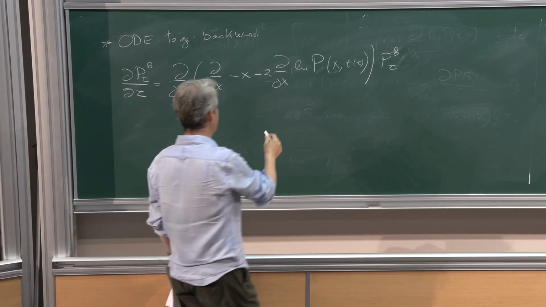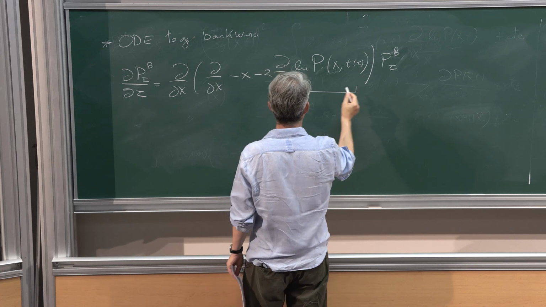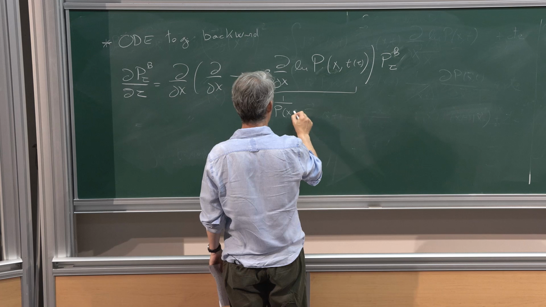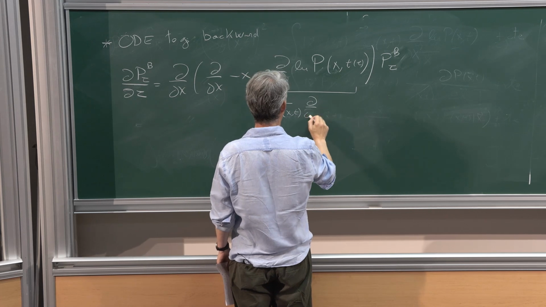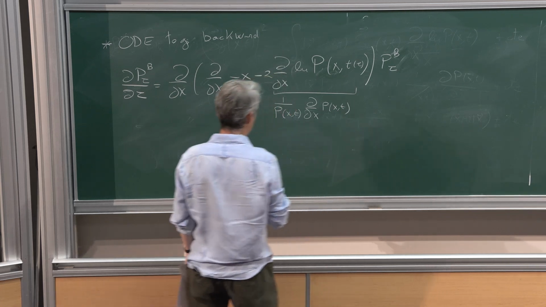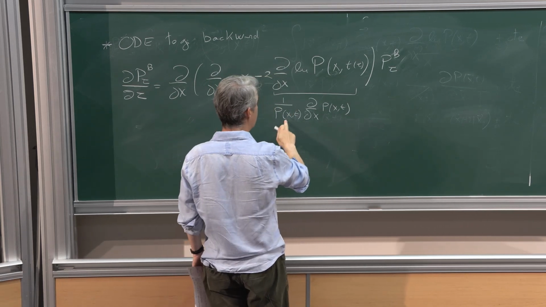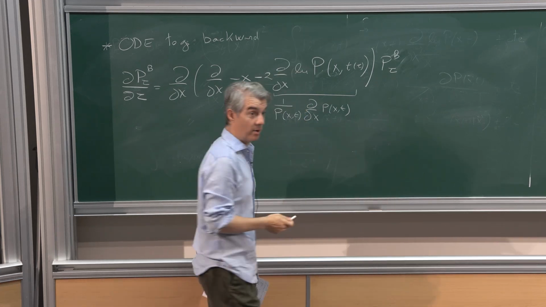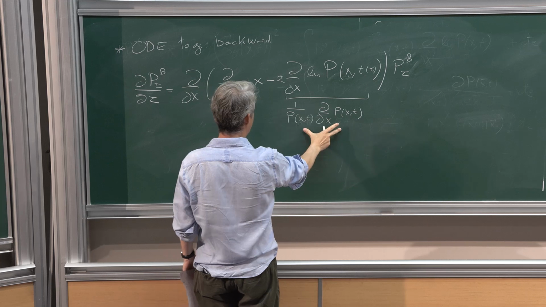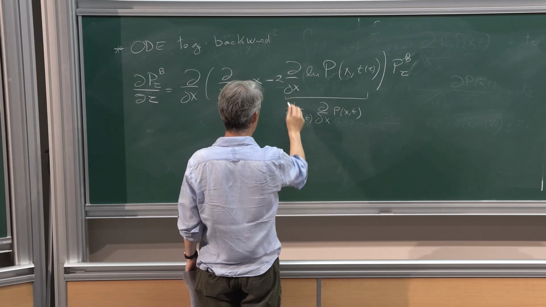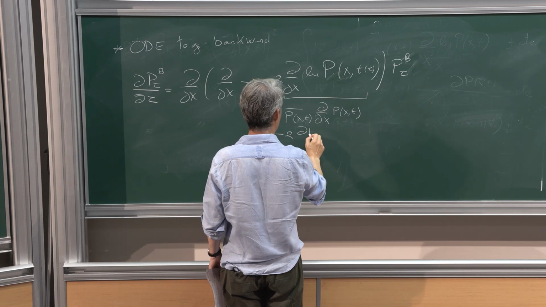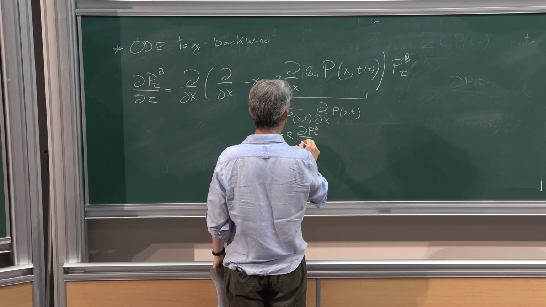And now, remember, this term here, what is it? I can rewrite it. I can write it like p of x and t times the derivative with respect to x of p of x and t. And p of x and t is the same thing as p tau backward, because we have time reversal. So this term I can read as minus 2 the derivative of p backward tau with respect to x.